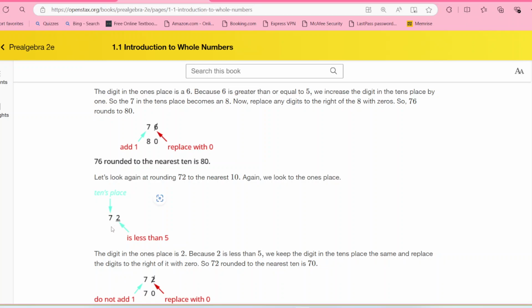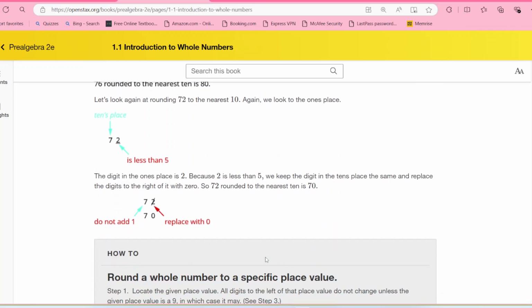So we'll round down. The digit in the ones place is 2. Because 2 is less than 5, we keep the digit in the tens place the same and replace the digits to the right of it with 0. So 72 rounded to the nearest 10 is 70.